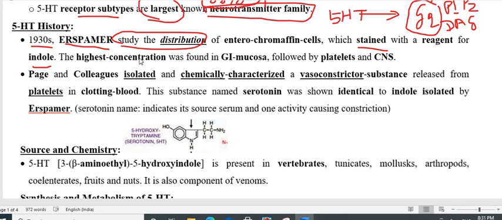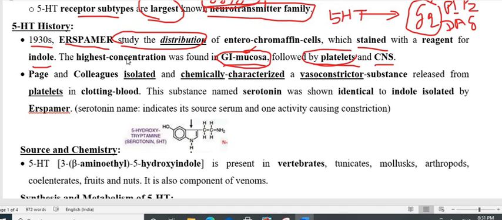Erspamer found regarding the distribution of 5-HT that the highest concentration is found in the gastrointestinal tract, thereafter platelets, and finally the CNS. So the peak concentration of 5-HT distribution is in the GI tract, followed by platelets and the central nervous system. So this is very, very important.